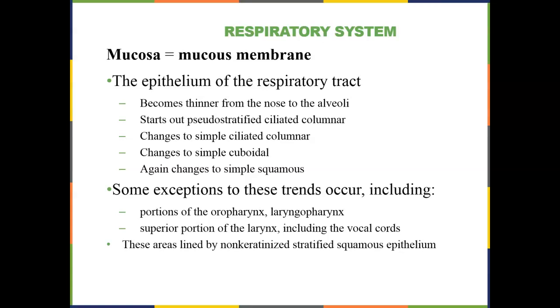If we only had a single layer of epithelium, like your pseudostratified ciliated or your simple ciliated or your simple cuboidal, these are all single layers of tissue, you would start to bleed in the throat, and that would be bad.